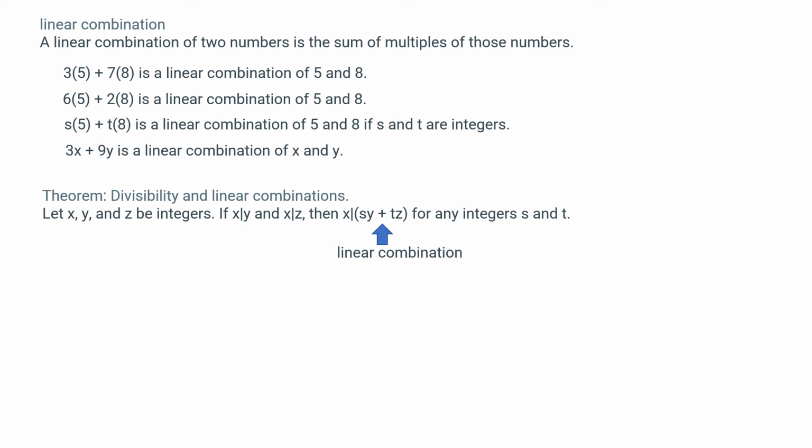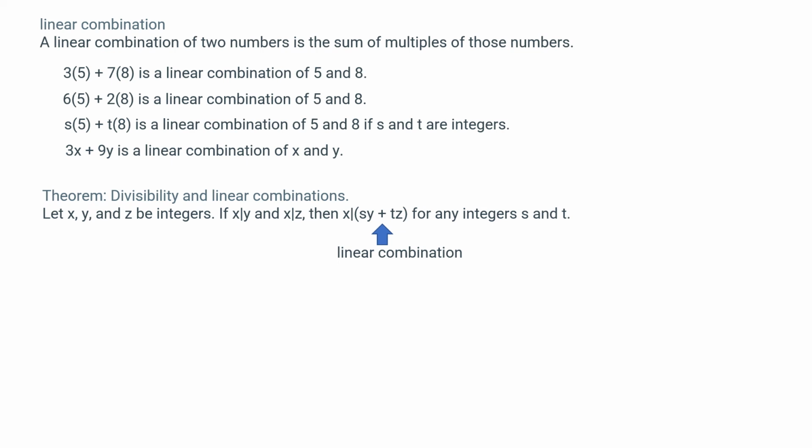Now, here's a theorem about the divisibility in linear combinations. It says, let's say that there are 3 integers, x, y, and z. If x divides y and x divides z, then x also divides sy plus tz for any integers s and t.